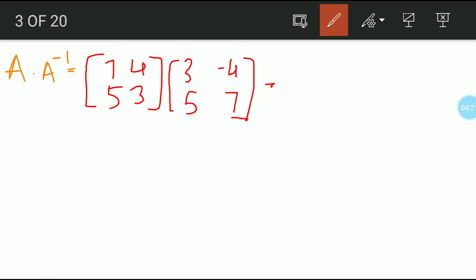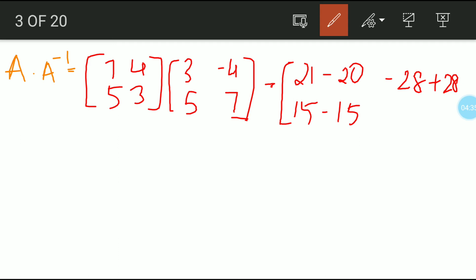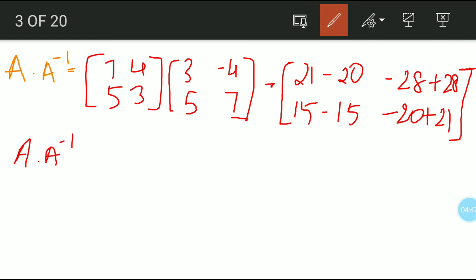So when we solve it: 21 minus 20, minus 28 plus 28, 15 minus 15, minus 20 plus 21. Then we close the matrix. So A into A inverse is [1, 0; 0, 1].